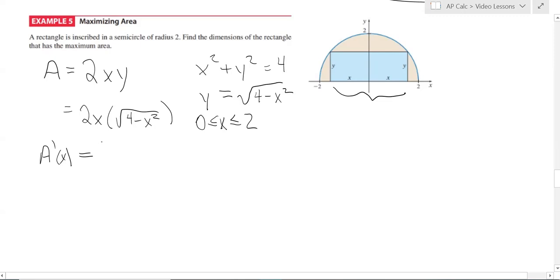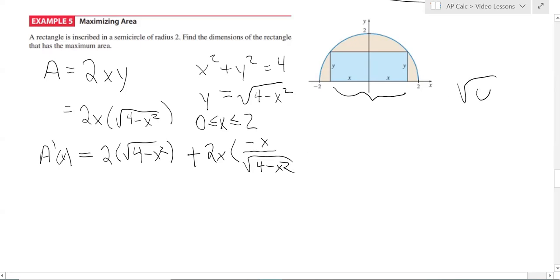So the derivative of the first is 2 times square root 4 minus x squared plus 2x times the derivative of the square root part, which is going to end up being negative x over square root 4 minus x squared.